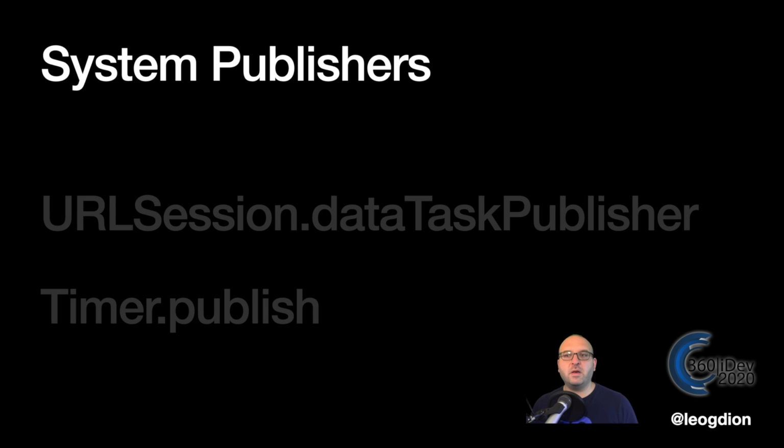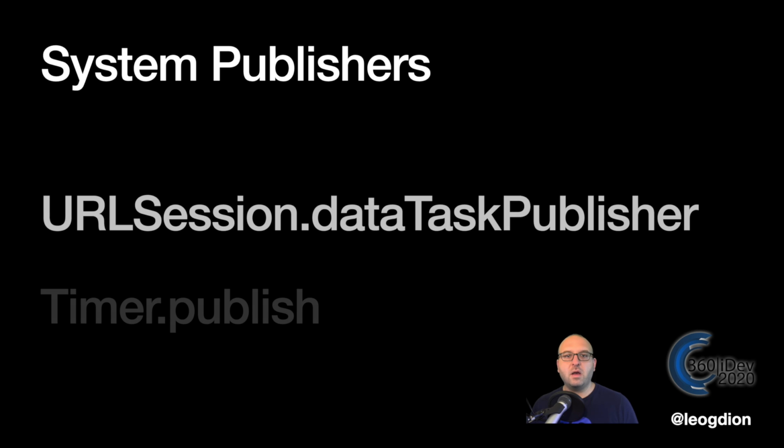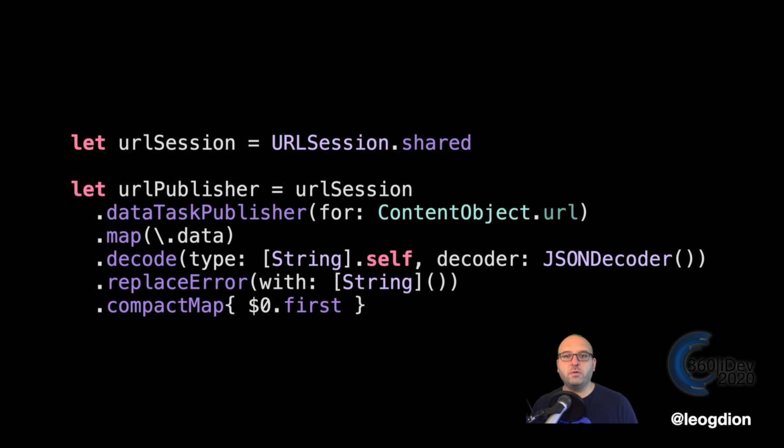Thankfully, Apple has given us some extensions to existing APIs, which will automatically create publishers for us. In this case, we're going to first look at URL session data task publisher. Here's our code for downloading that data from bacon ipsum and transforming it to a string. Let's take this step by step, and specifically, we're going to look at one of the built-in system publishers, that is data task publisher.